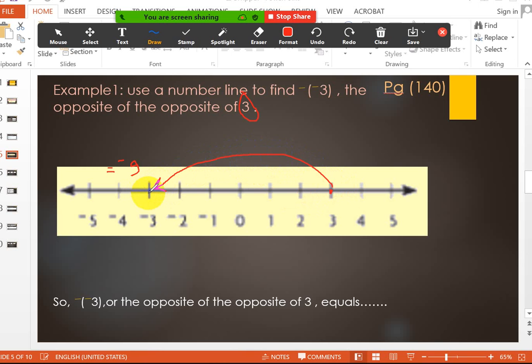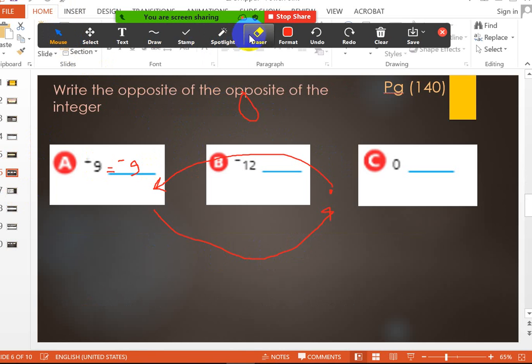The second opposite of -3 will be the same number with the opposite sign, which is +3. Or if you can't imagine it on the number line, you can remember that the opposite of the opposite of any number equals the same number. As we said here, the opposite of the opposite of -9 equals -9.